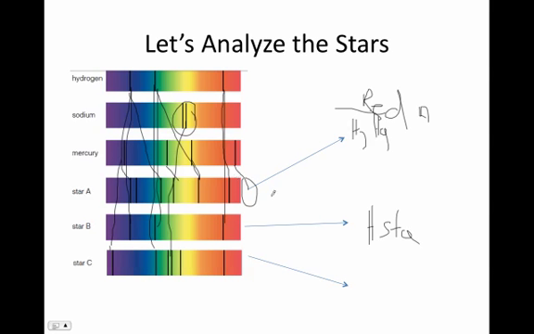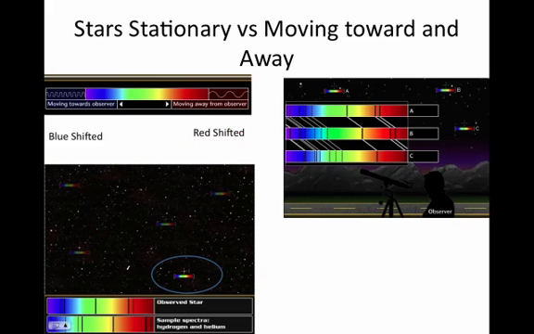I don't think hydrogen's there. My prognosis is it's sodium and mercury, and it's blue shifted or shifted more towards this way, which means it's moving towards the Earth. Blue shifted means it's moving towards the Earth for star C.